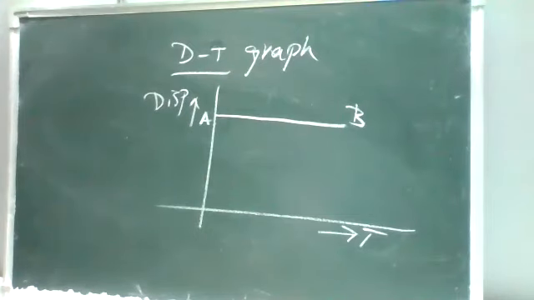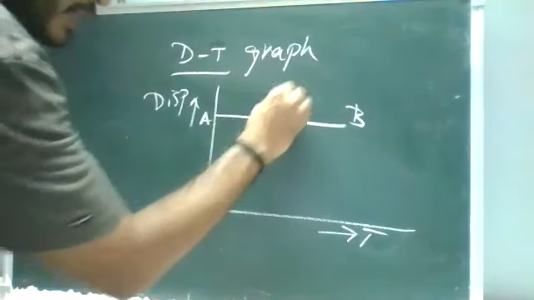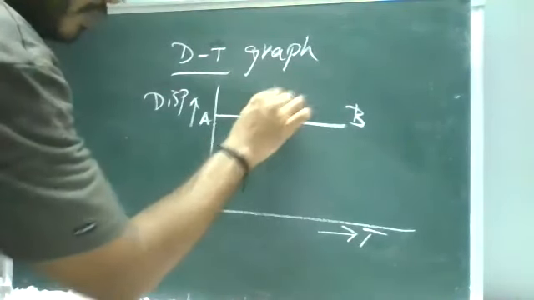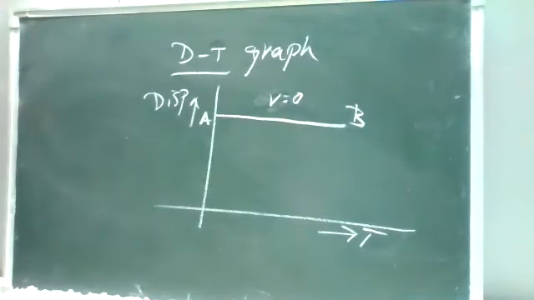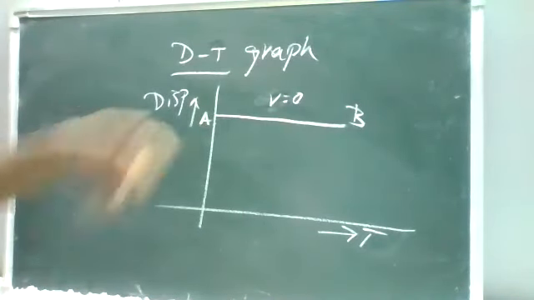So when the body is at rest, what is the velocity? Velocity V is equal to 0.